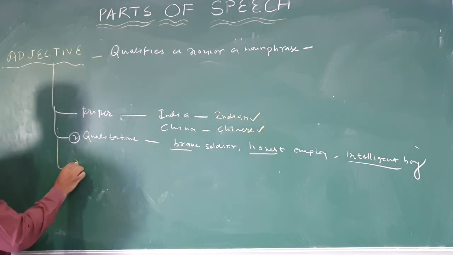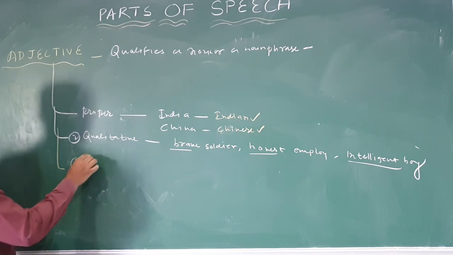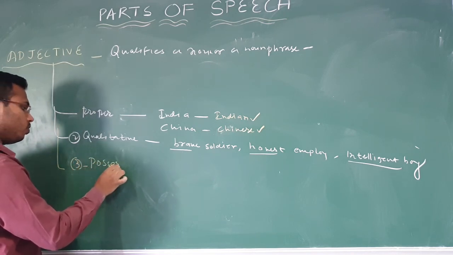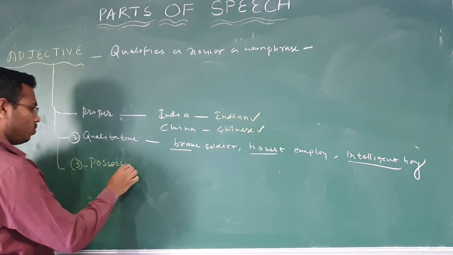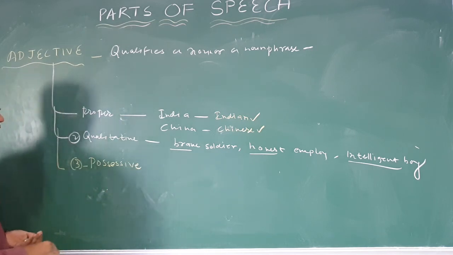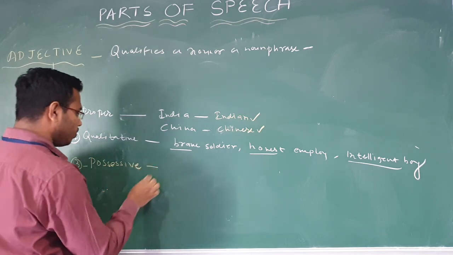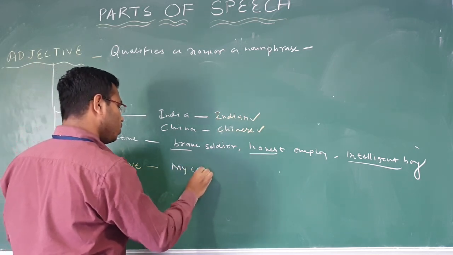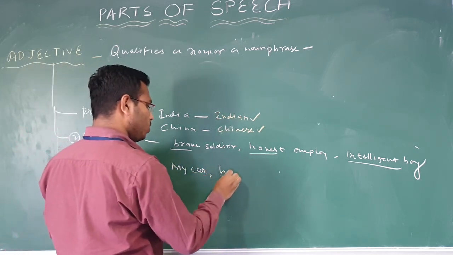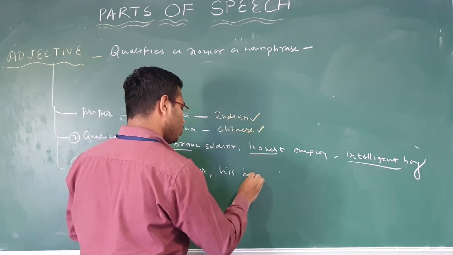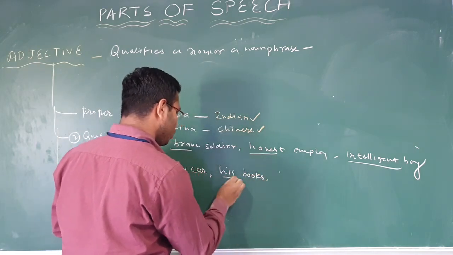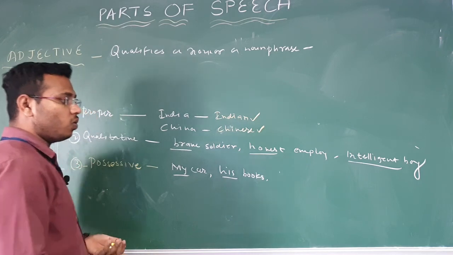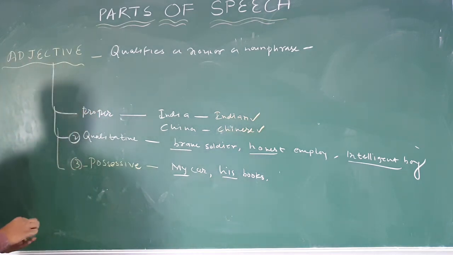Third, we have the possessive adjective. Possessive adjective means, as I told you earlier, my car, his books. So my, his, your, our, these are all called possessive adjectives.